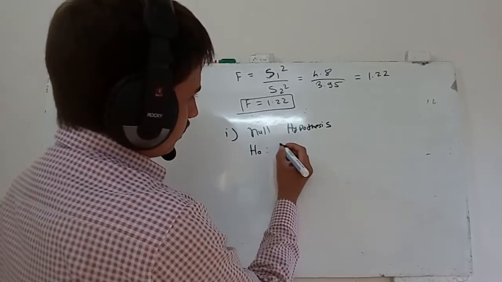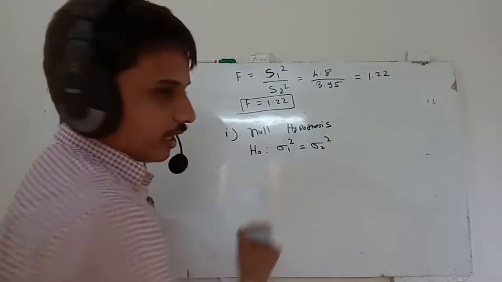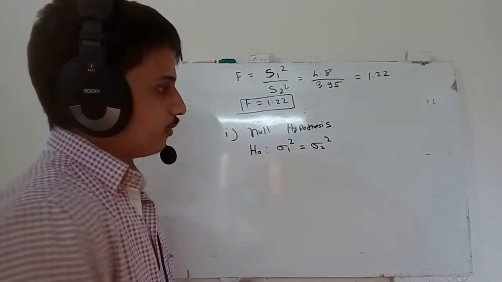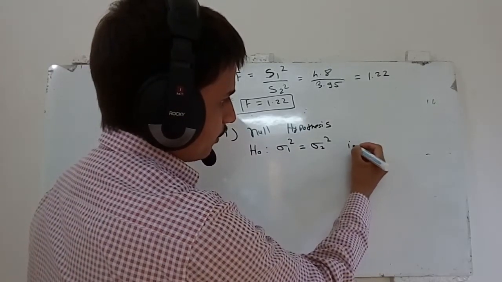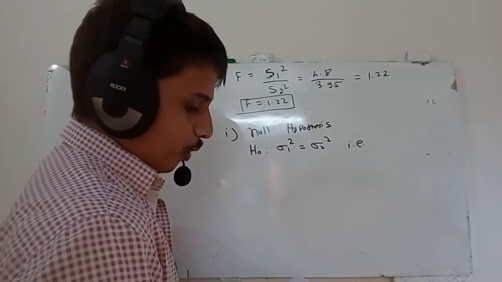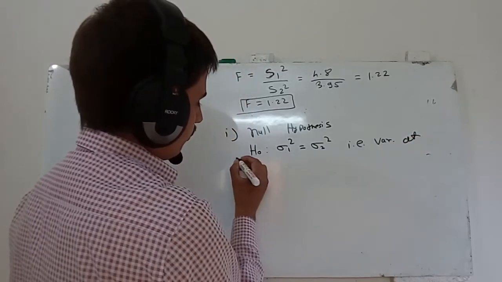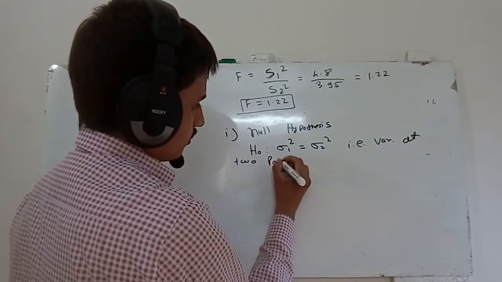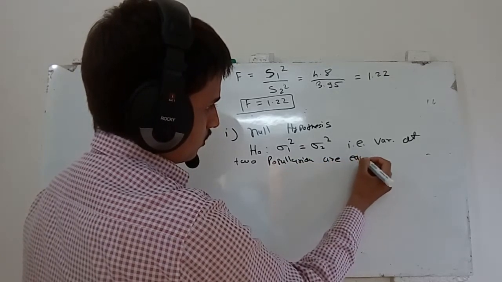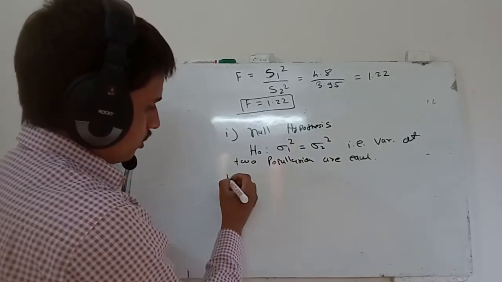It says that variance of two populations are equal. Now in our case this is not true.